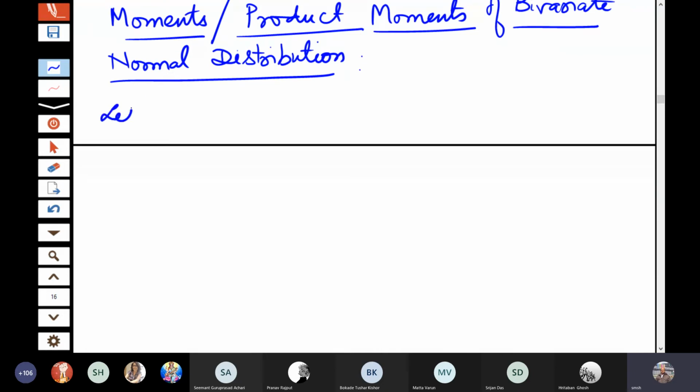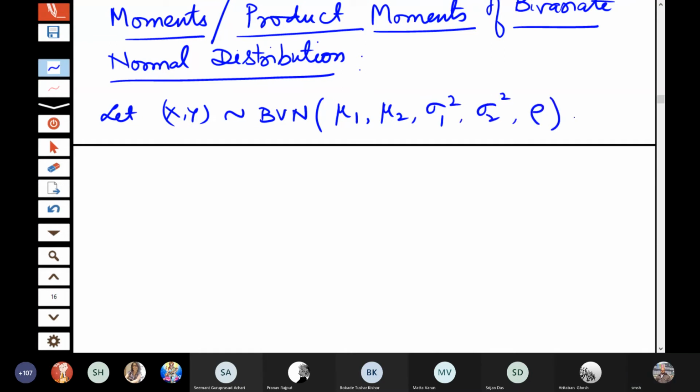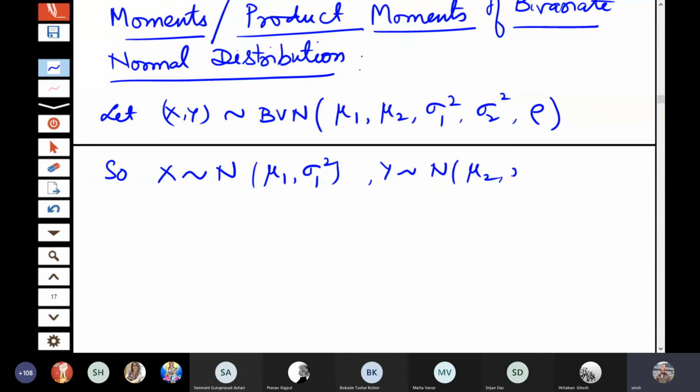So let us consider, say, X, Y follow bivariate normal distribution. So X follows normal mu1 sigma 1 square and Y follows normal mu2 sigma 2 square.